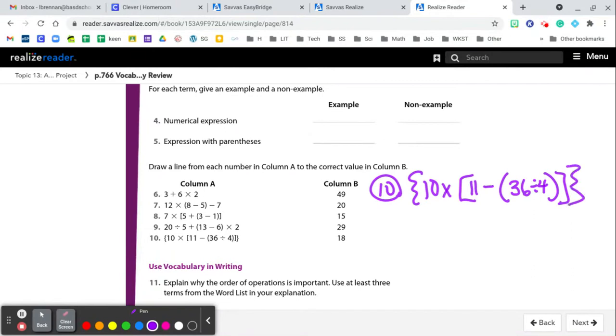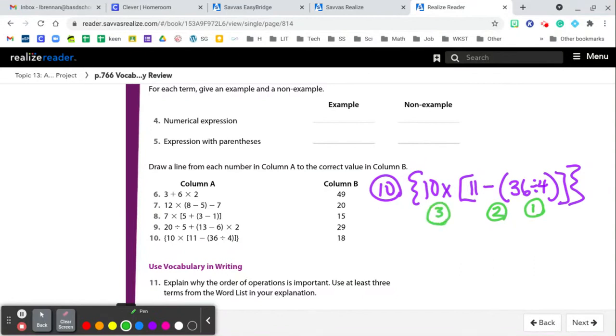So we do inside first. This is going to be our first thing we'll do. Then we will subtract because we're still inside. We go from parentheses first, then we do brackets, then we do braces. And the last thing we'll do is multiply.